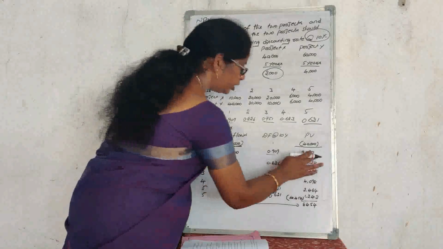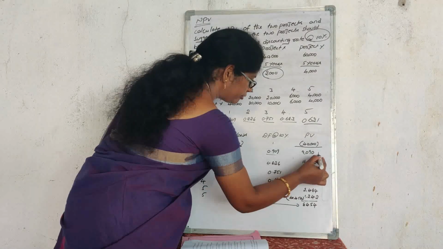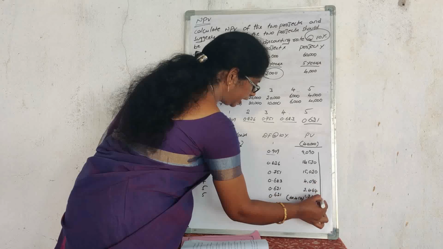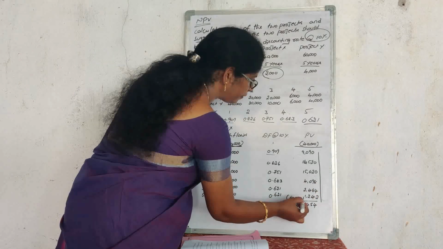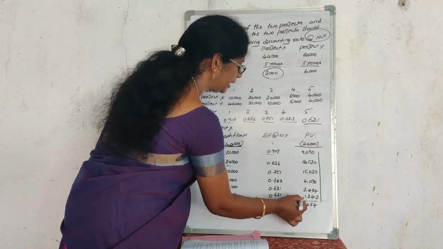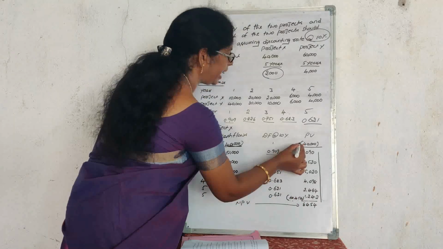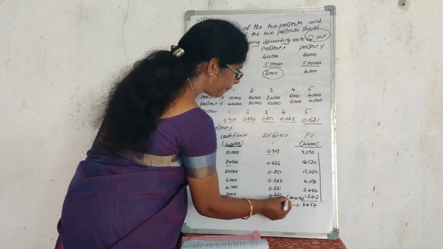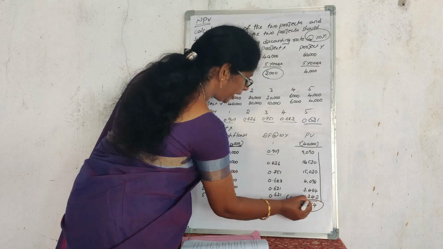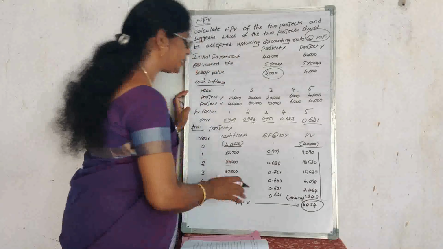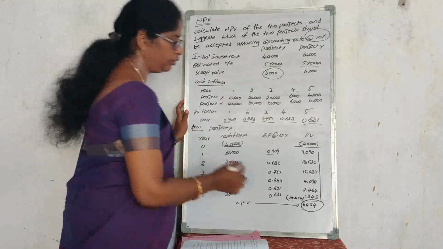When you add the total values from first year to fifth year, the total value will be 48,454. When you deduct the cash outflow from this value, cash inflow minus cash outflow, the value will be 8,454.